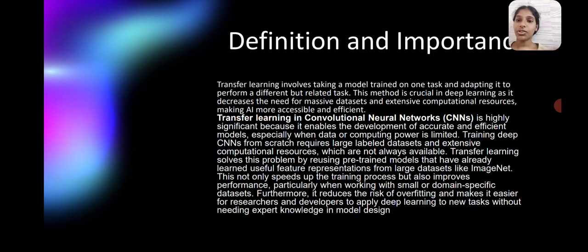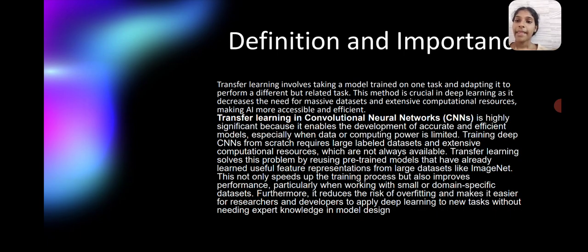Transfer learning in convolutional neural networks is highly significant because it enables the development of accurate and efficient models, especially when data or computing power is limited. Training deep CNNs from scratch requires large labeled datasets and extensive computational resources, which are not always available.